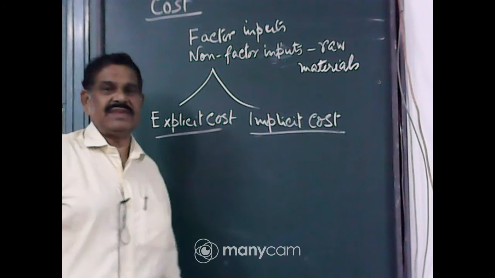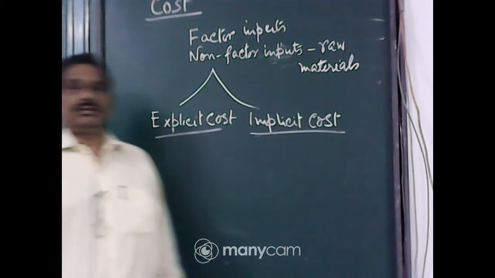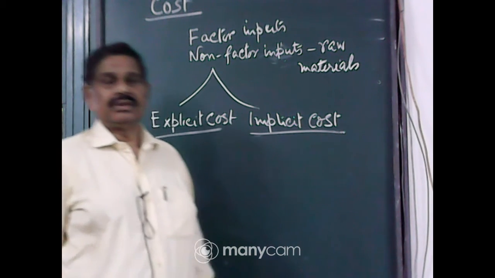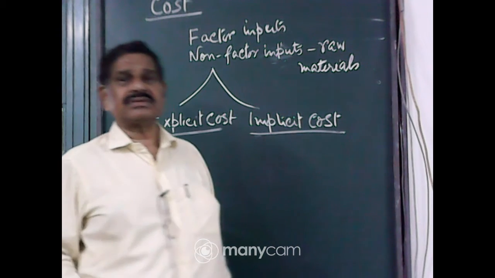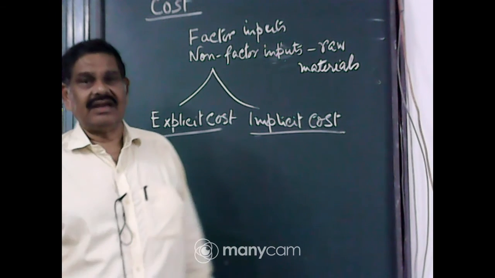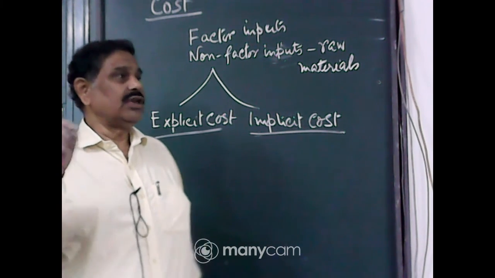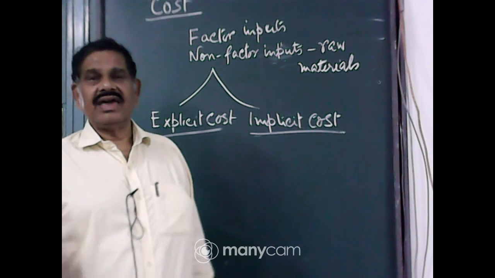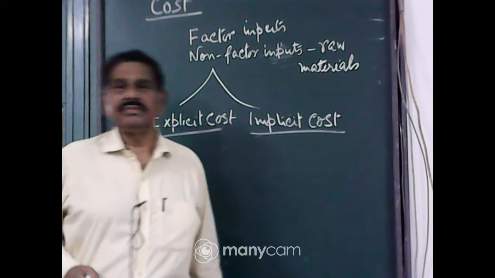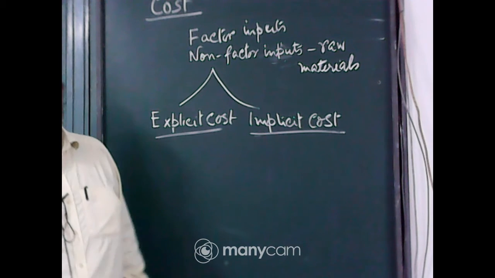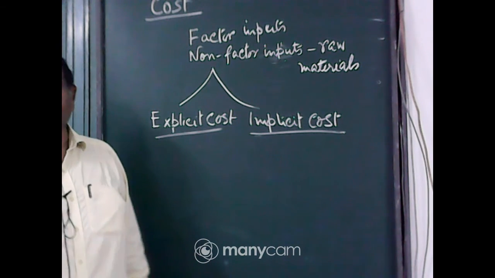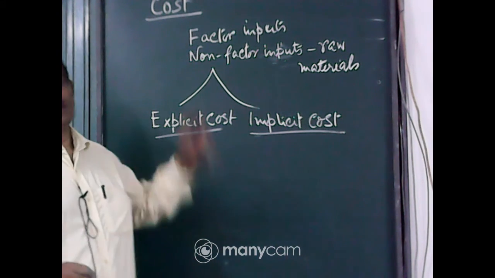What do you mean by explicit cost? The cost the producers have to incur for using external resources required for the production purposes.